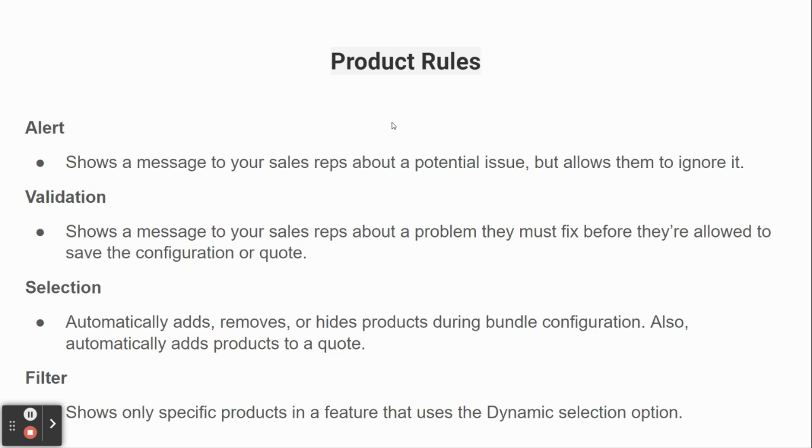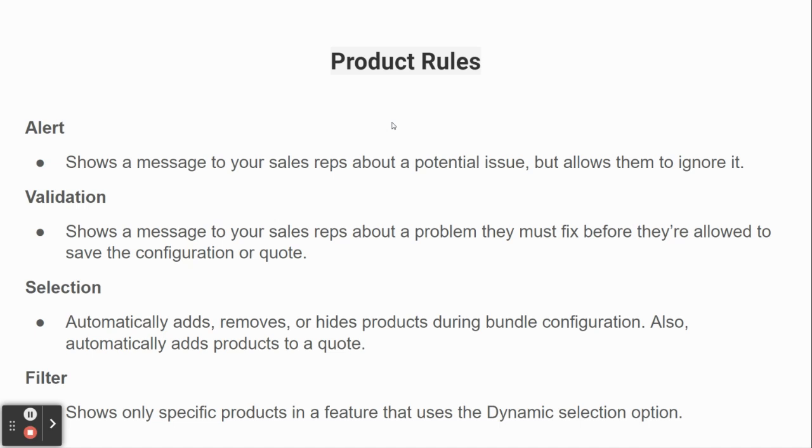The next one is selection. Product rules are great for being able to add certain products, remove them, or hide products, depending on conditions that are set up, whatever the business rule. It may be a situation where you don't want the reps to see certain products.